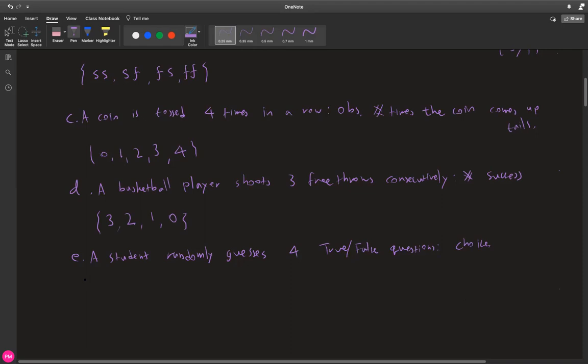So out of 4 true or false questions, the student can answer all 4 true, because simply they are guessing everything. And the student can answer 1 false, and that's going to be expressed like this.